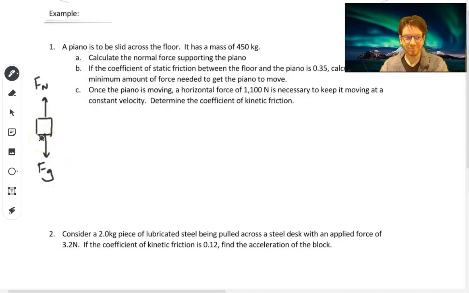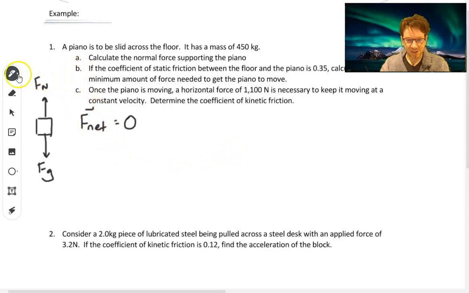It's not moving, so they must be in equilibrium. Put another way, you can say that the net force, since the piano is not moving, must be equal to 0. Newton's second law says net force equals mass times acceleration, but if it's not moving, acceleration is 0. So that all equals 0.